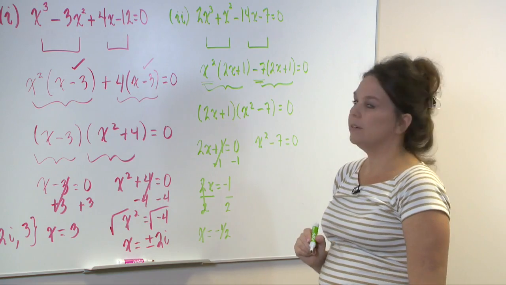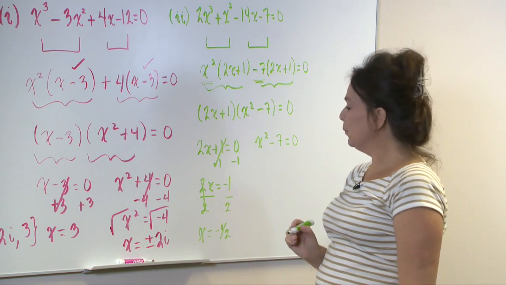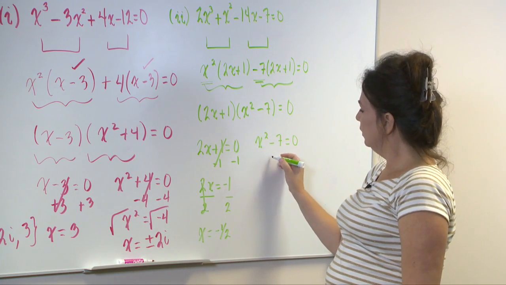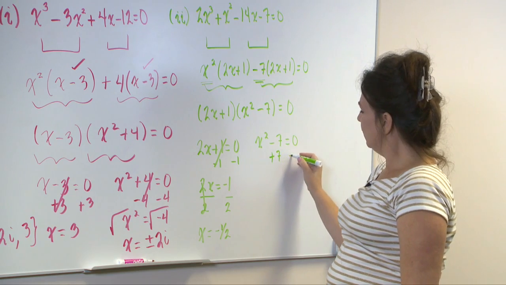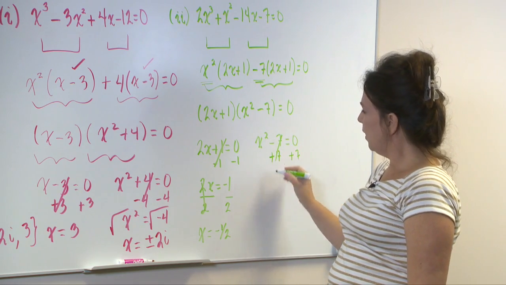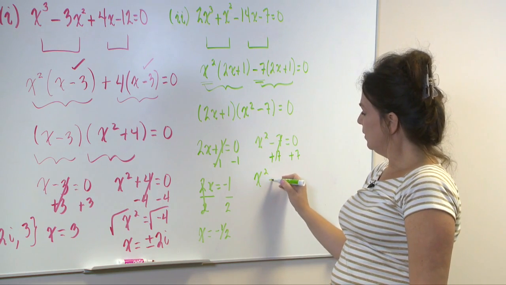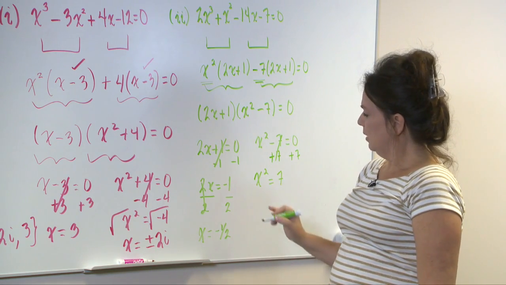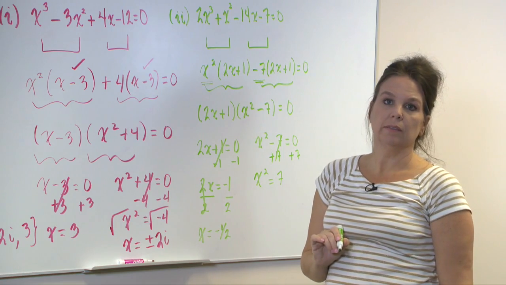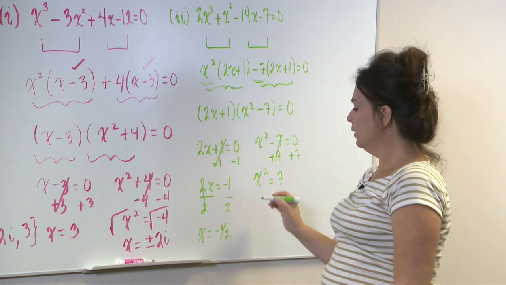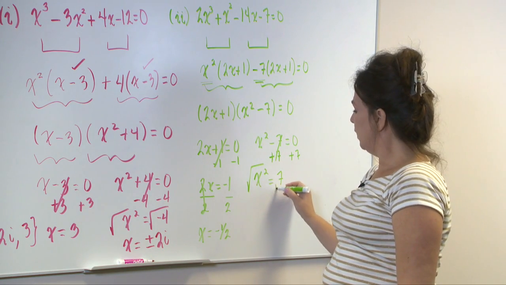For the second equation here, I'm going to use the square root property. I have x squared, so I'm going to isolate x squared by adding 7 to both sides. I have x squared is equal to 7. I want to solve for x, so I want to get x by itself. So I'll square root both sides.